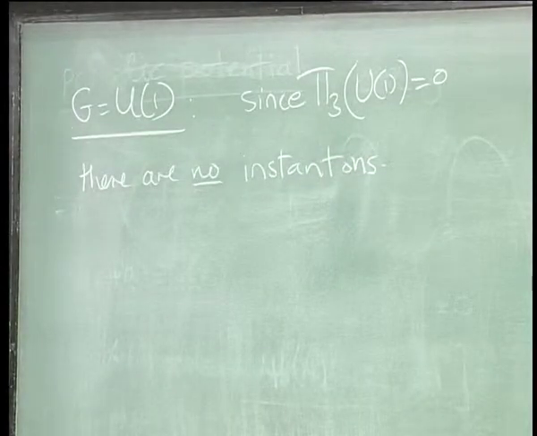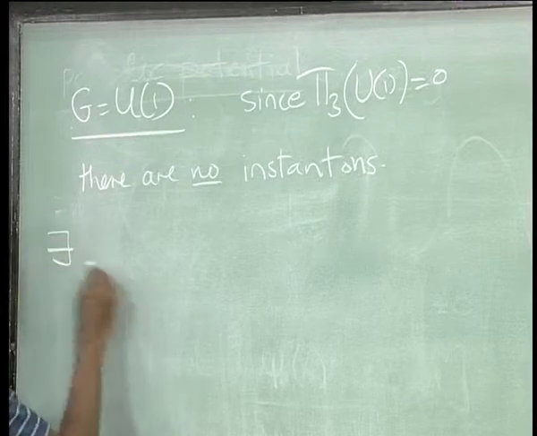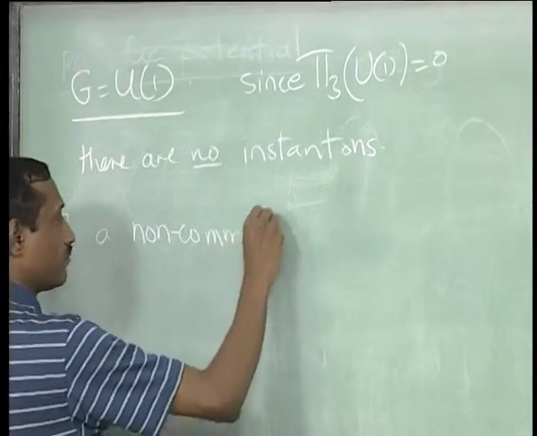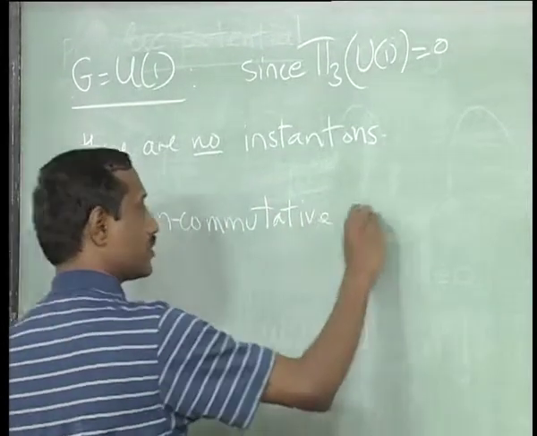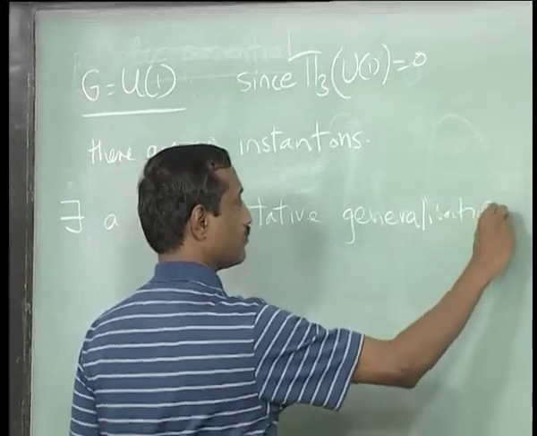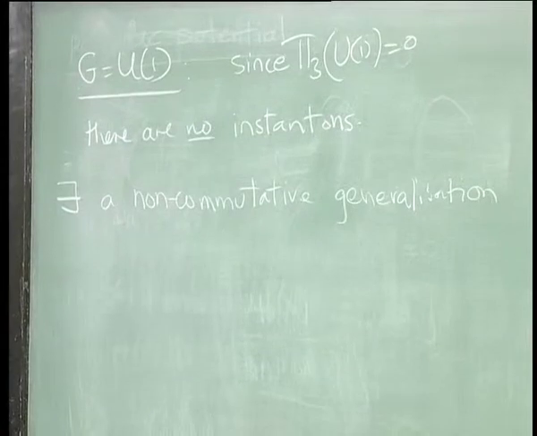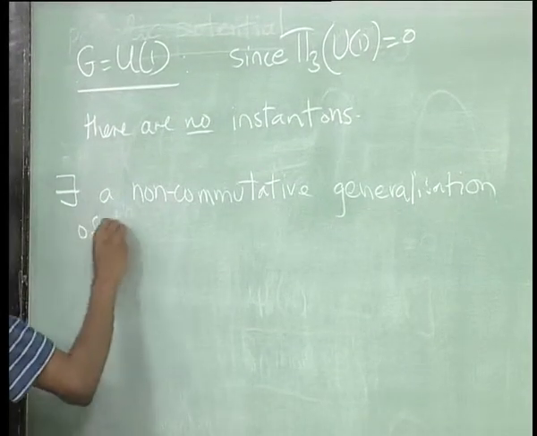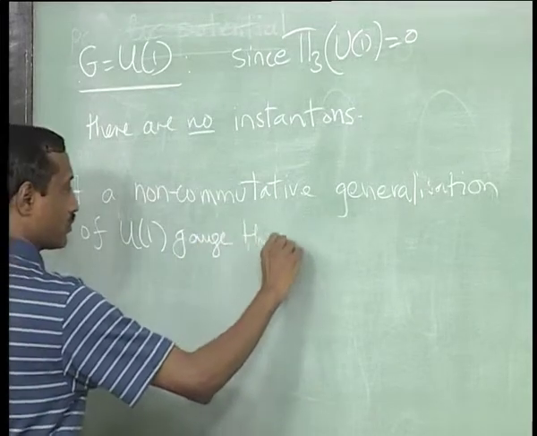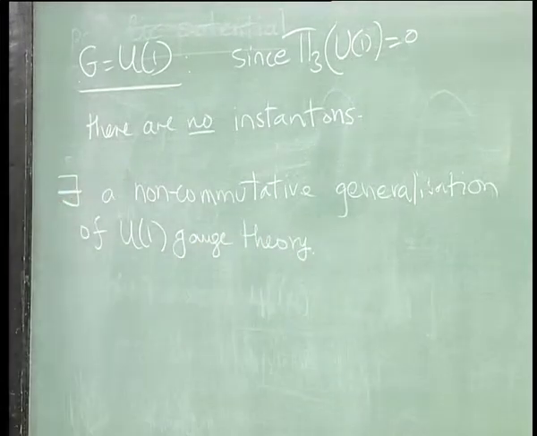However, there exists what is called a non-commutative generalization of U(1) gauge theory, which basically says the basic fields do not commute. There is a theta parameter which measures non-commutativity. It is like an h bar kind of thing.